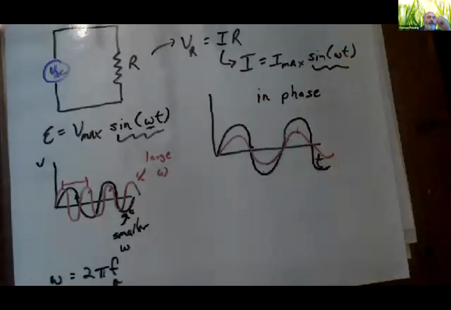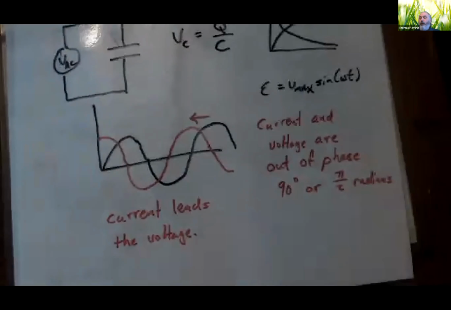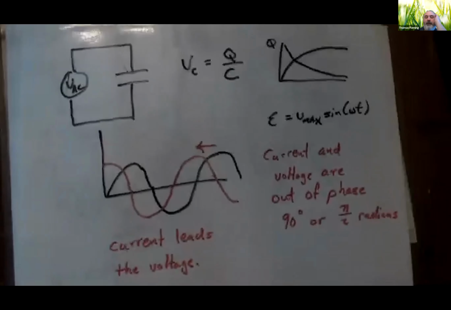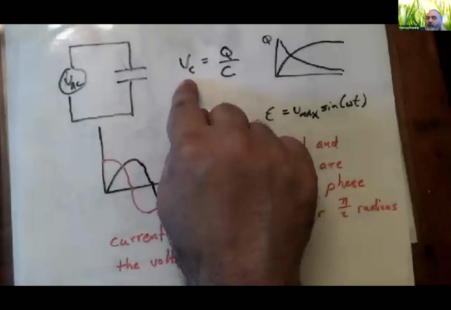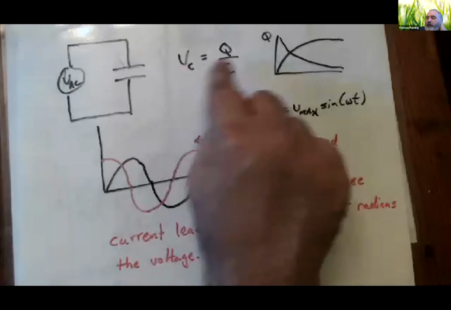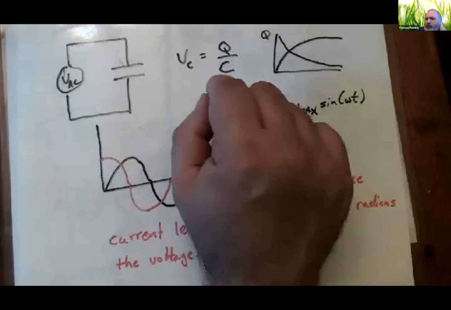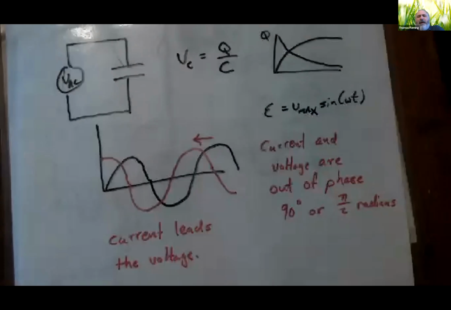However, for capacitors and inductors, we don't yet have an equivalent. I have a voltage drop expression, but the voltage isn't related to the current. It's related to the amount of charge on the capacitor.